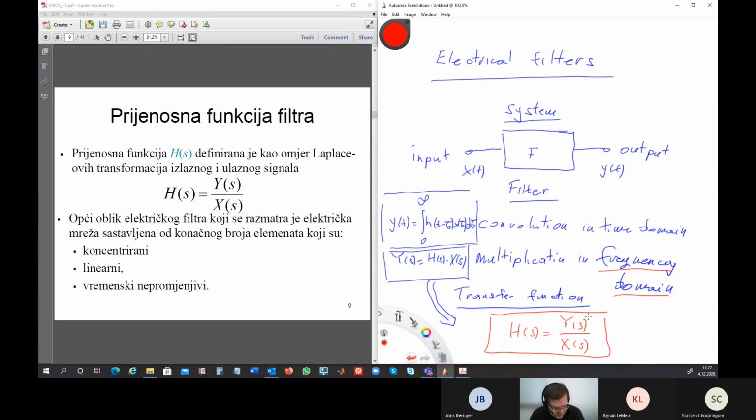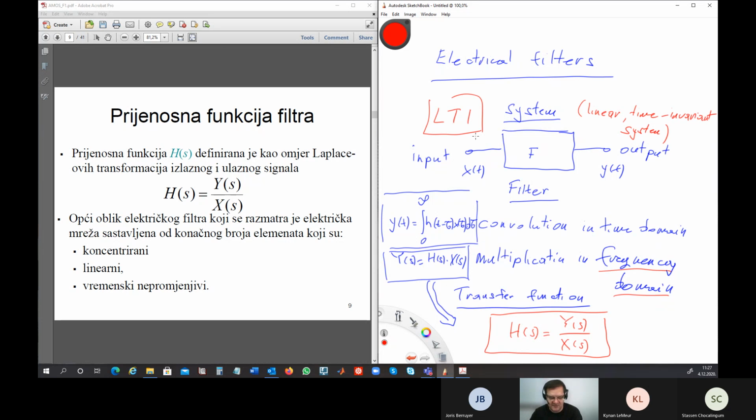Therefore, we will call this system LTI, which means linear and time invariant system, or short, LTI system.